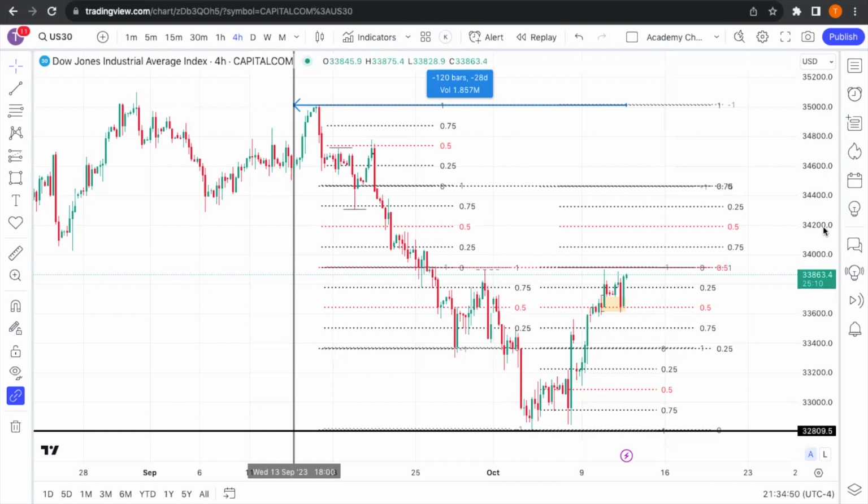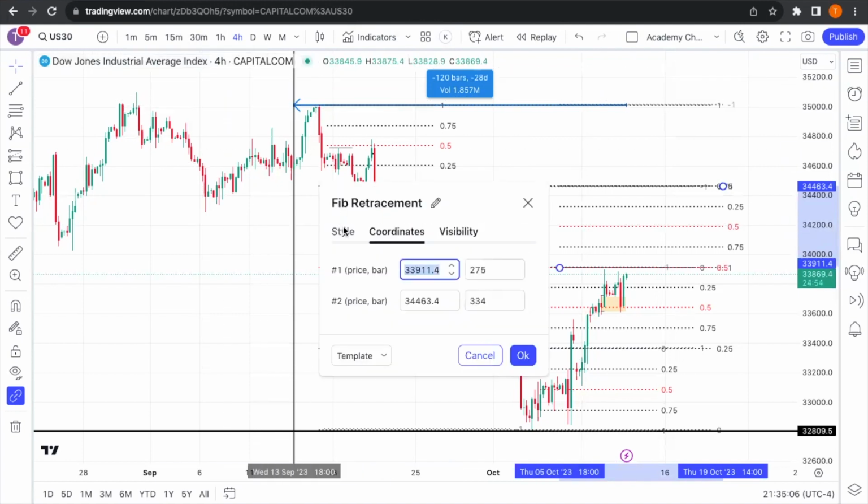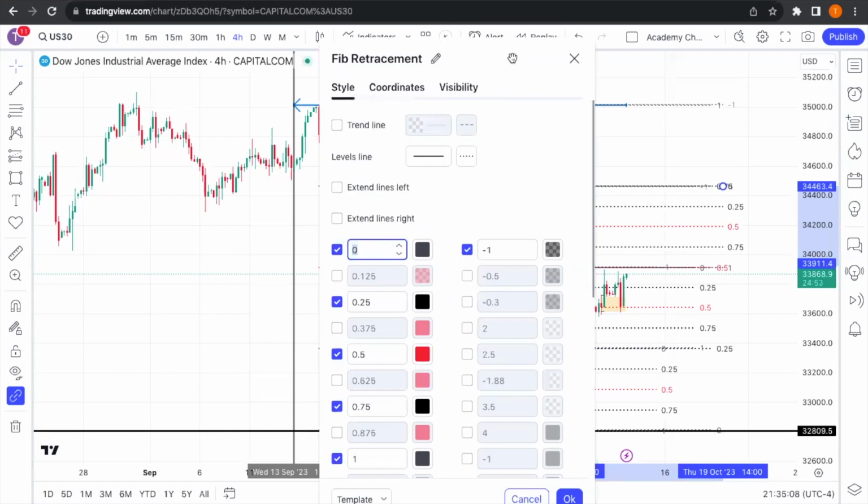Did you show how to set those levels that you have? As far as on the fib? No, I didn't. So here on the fib, go to settings and then go to style.